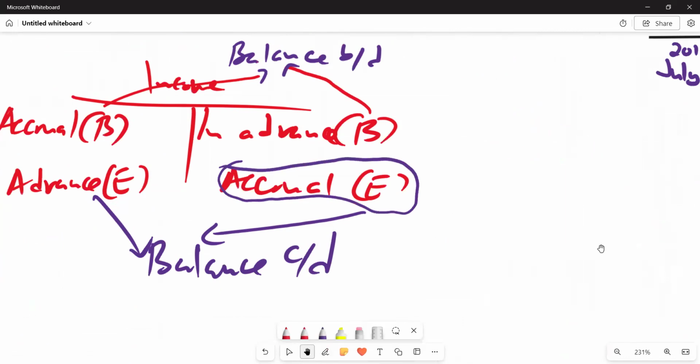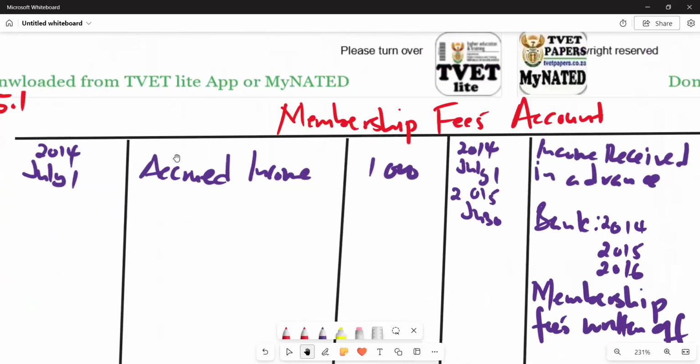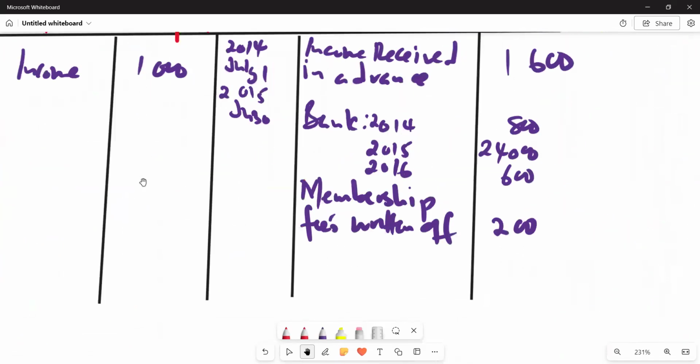So we go to the credit side of the membership fees account, and we are saying membership fees, in the form of our accrued income. So we can just say accrued income, and we are saying it's 800. So this is what we have.